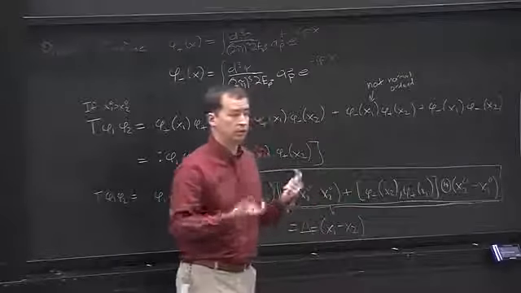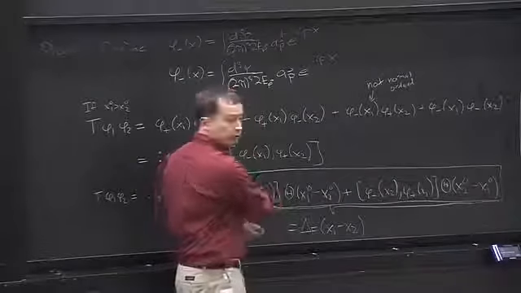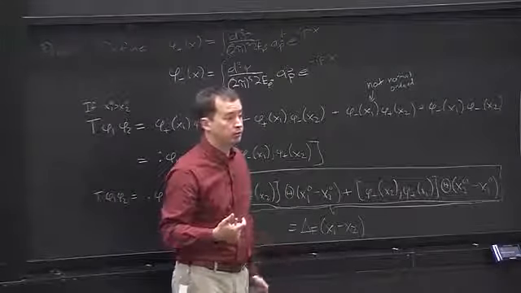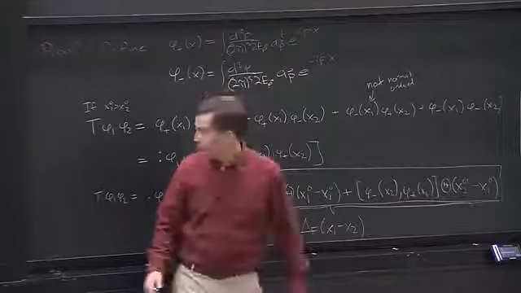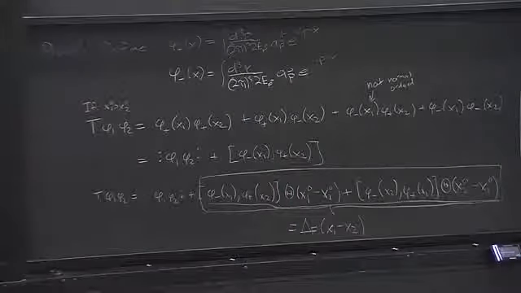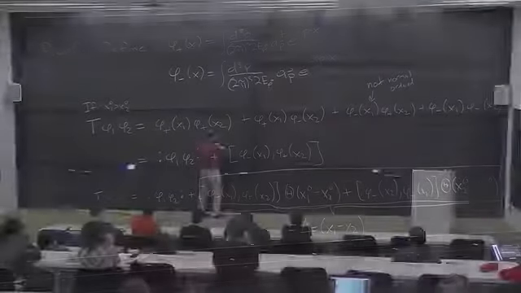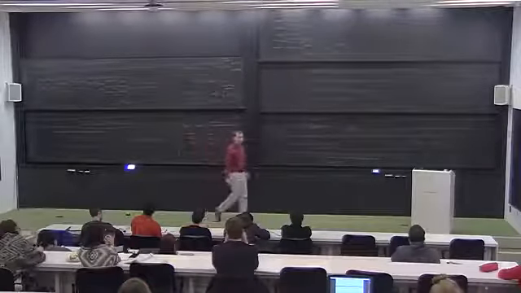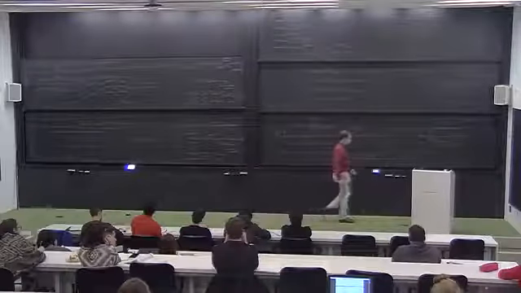Take a commutator of operators and generally get an operator. For this special case, because we're in a free theory, we get a number instead of an operator. So I could write an operator expression over here instead of a time-ordered vacuum expression.